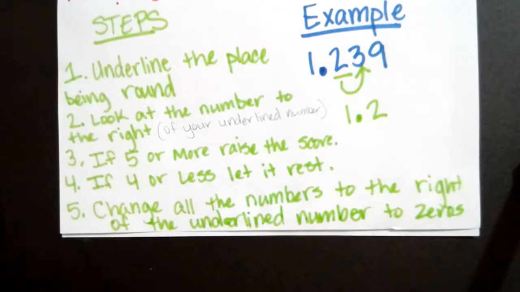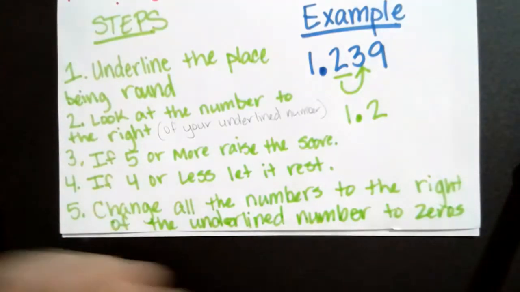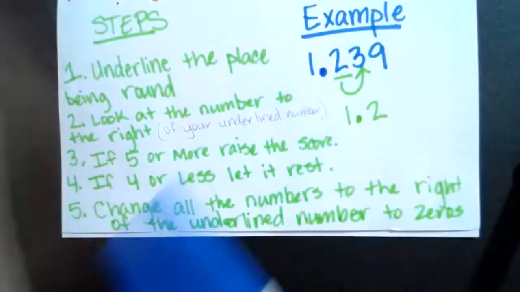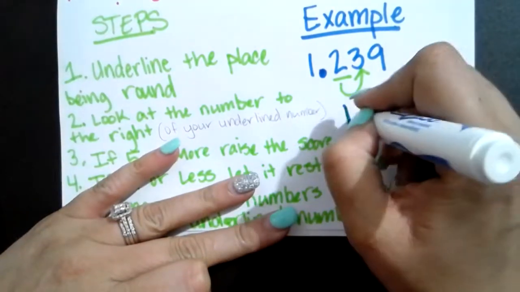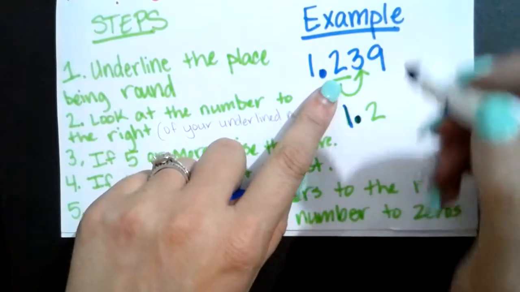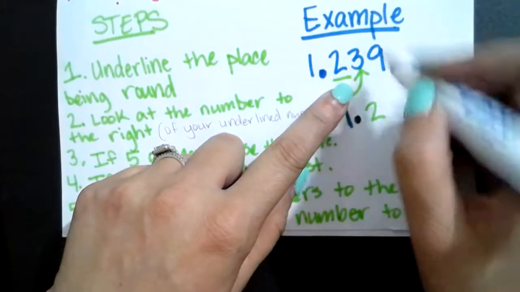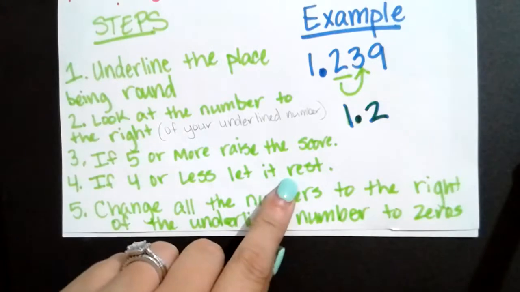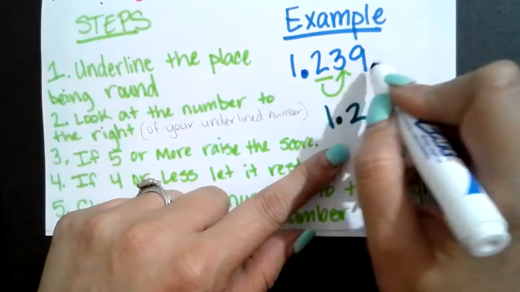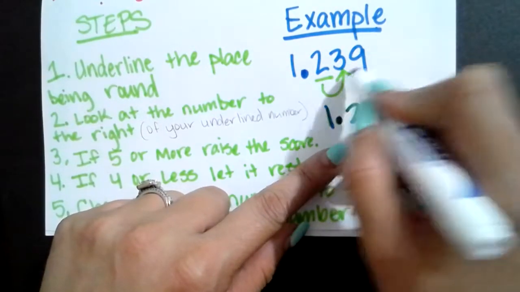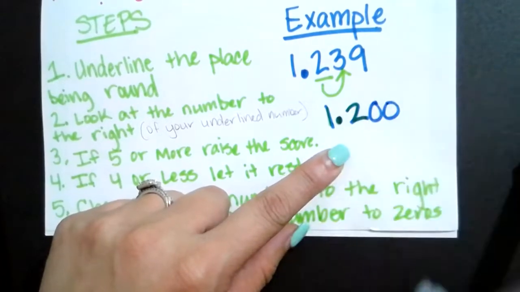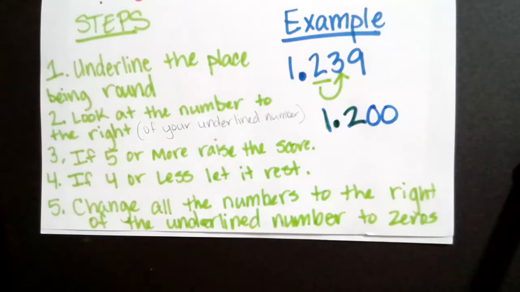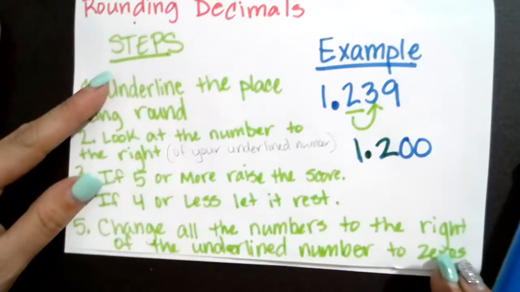I have 1.2. Let me write that in blue. I have this 1.2 because the 1 stayed. I underlined the 2, looked near it. It's a 3. So that 2 gets to stay the same because it says if 4 or less, let it rest. Then all the digits to the right, which there are 2 digits, they turn into zeros. Okay? There's your steps for rounding.